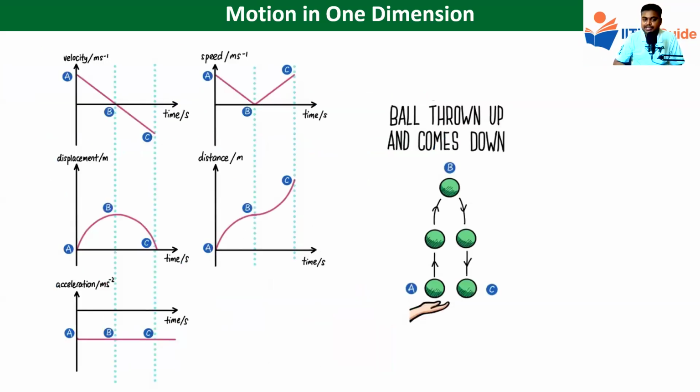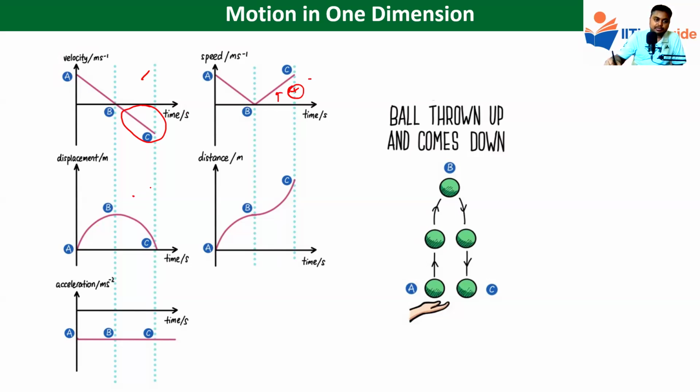An example is given: a ball thrown up and then it comes down. If we take upwards as positive, we have the velocity time graph as this. For the speed time graph, whatever was negative here gets reflected, so this becomes positive.